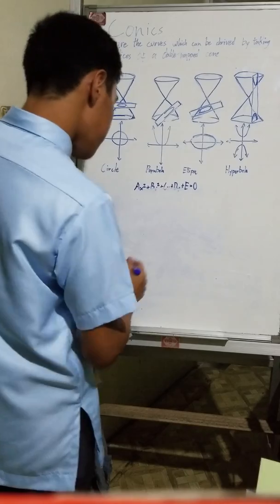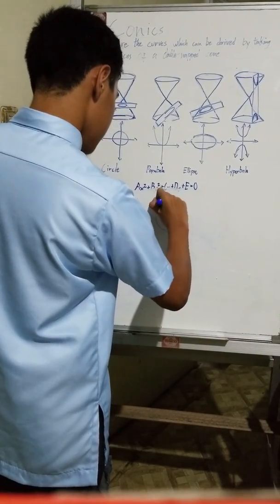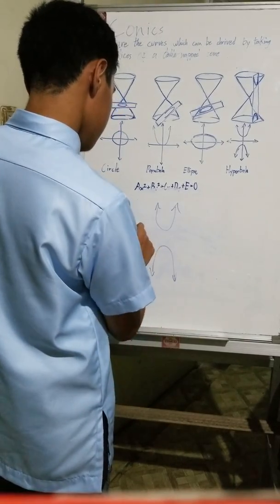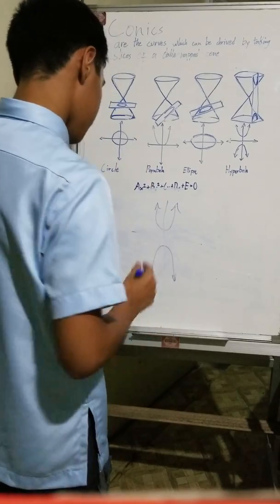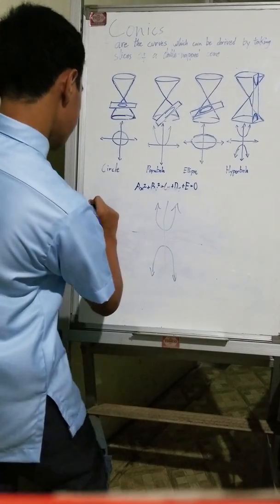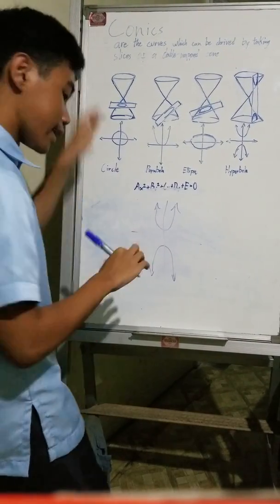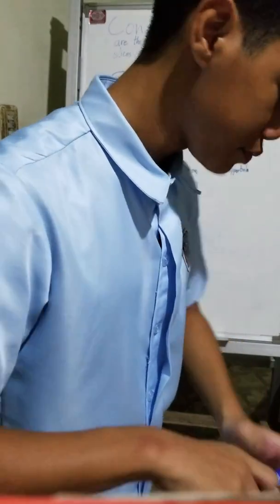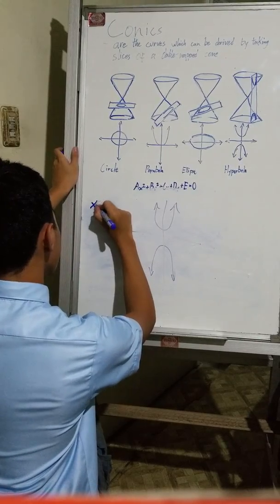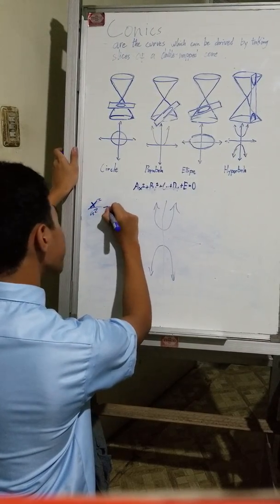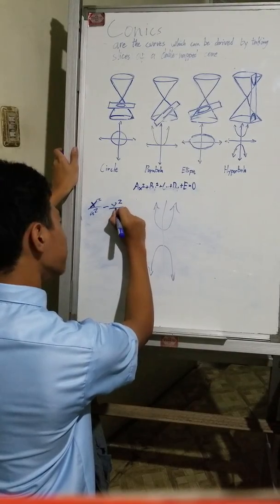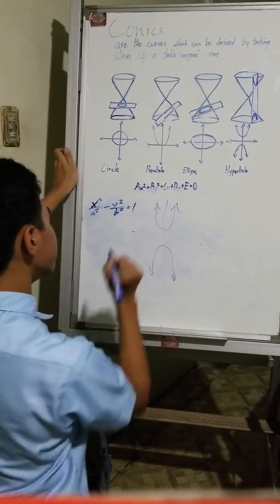there's the hyperbola. The formula for this will be, I'm running out of ink, x squared over a squared minus y squared over b squared equals 1.